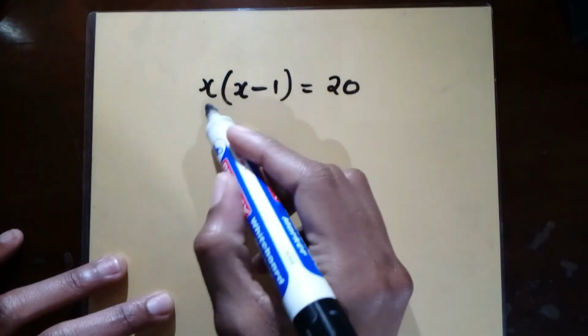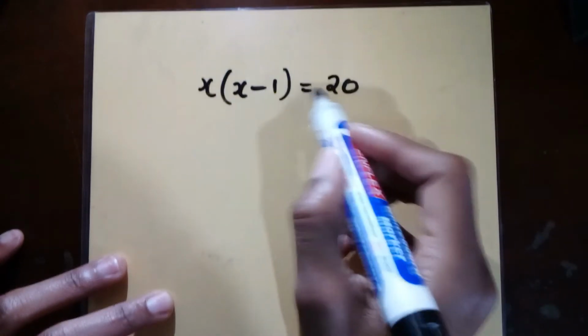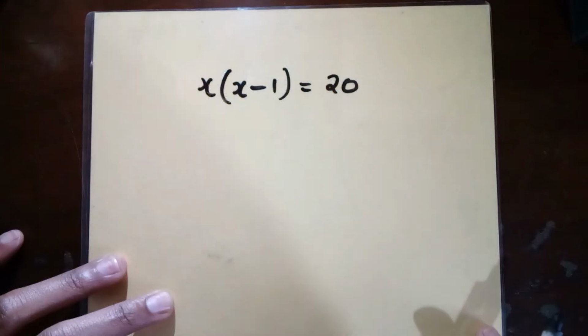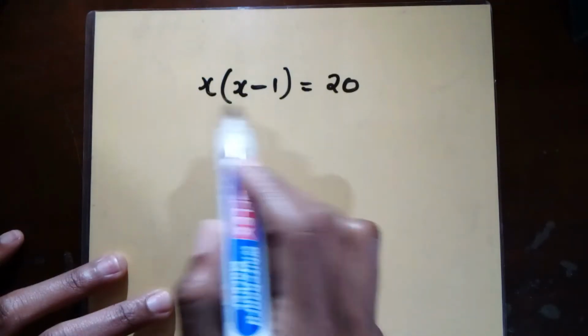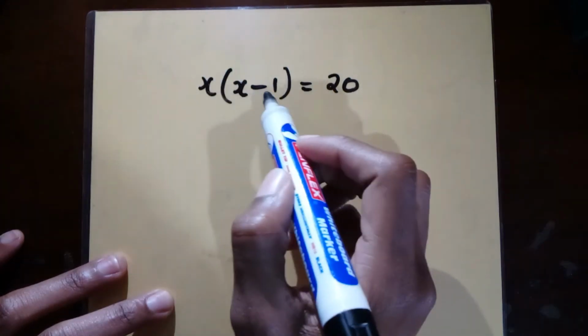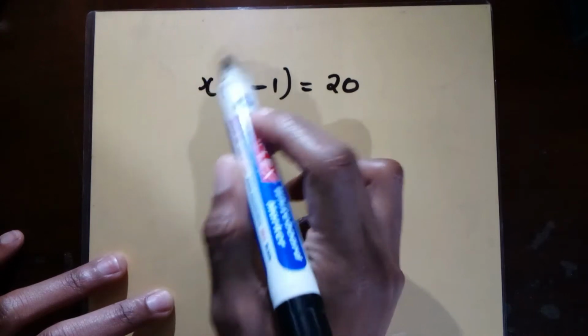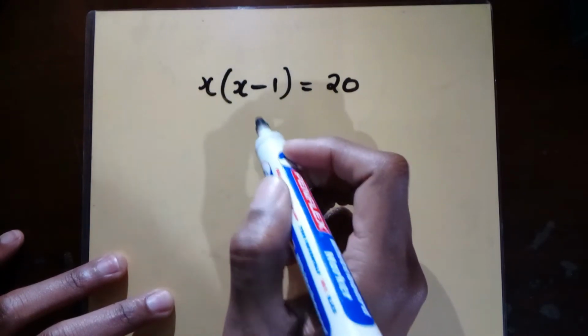Okay, so we have x open bracket x minus 1 close bracket, and the entire thing is equal to 20. So we have to expand the left-hand side. This means we have to multiply each term in the bracket with the value outside, which is x. This is just using the distributive property. So let's do that.